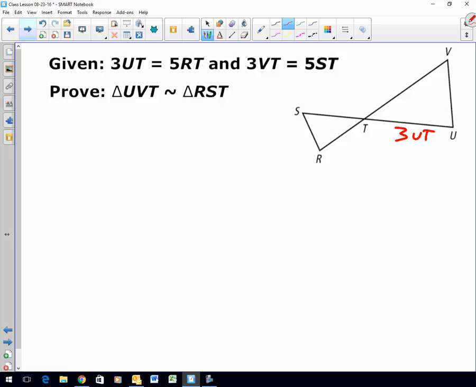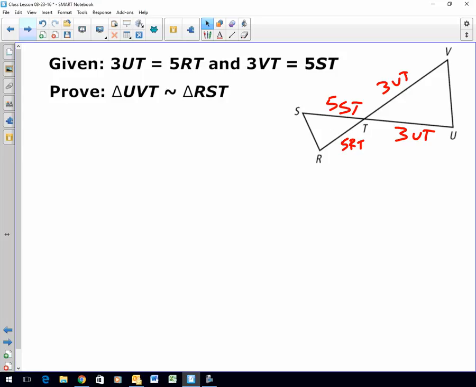That would be about how you set it up. I don't like this problem. I don't want you to do this problem, but I want you to see what the end goal is.